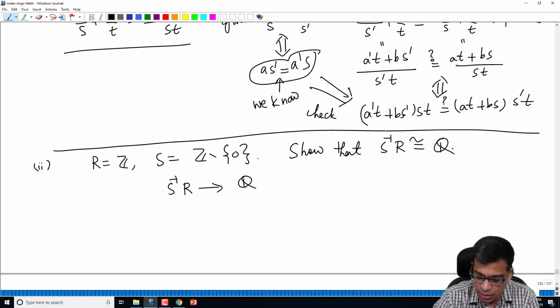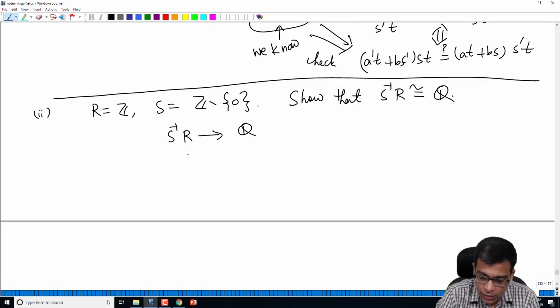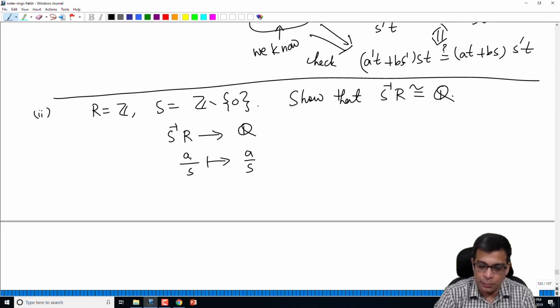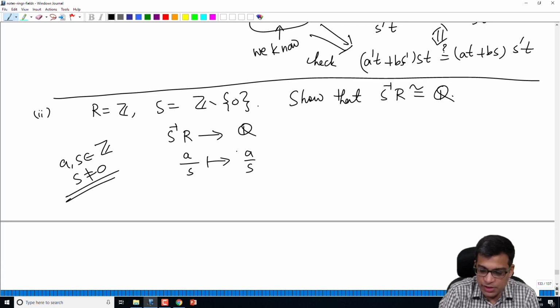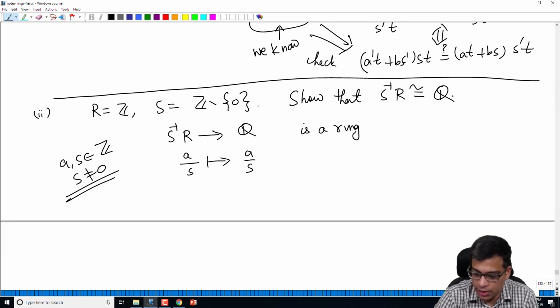Send S inverse R to Q in the following way. A by S should go to A by S. Remember, A and S are integers here, right? And S is not 0. So A by S is actually a rational number, is a ring. And this map is a ring isomorphism.